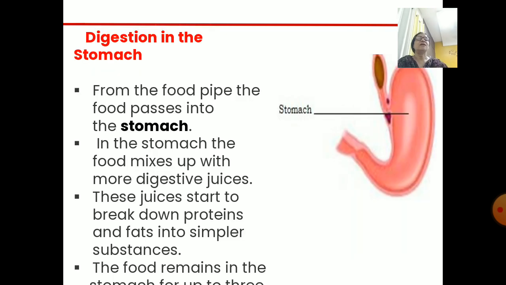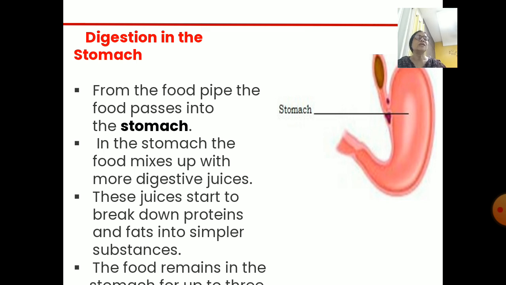See here. Then from the food pipe, the food comes into the stomach, right? This is the picture of the stomach. You can see, our stomach is a bag like organ. It is a bag like organ, and it is soft also. It doesn't have any bones in it. So from the food pipe the food passes into the stomach. Now, what happens in the stomach? In the stomach, again, food mixes up with more digestive juices. There are more digestive juices in our stomach, and they mix up with the food.